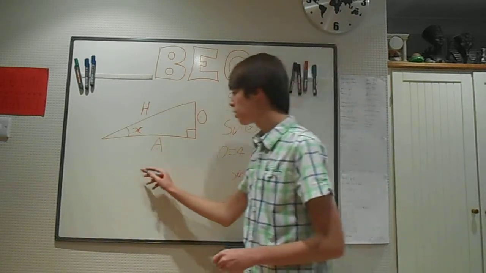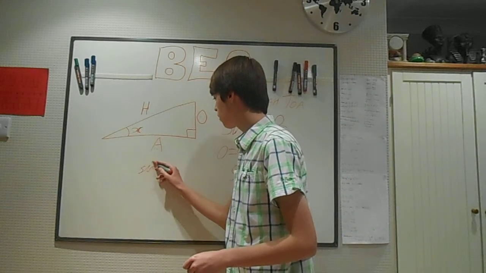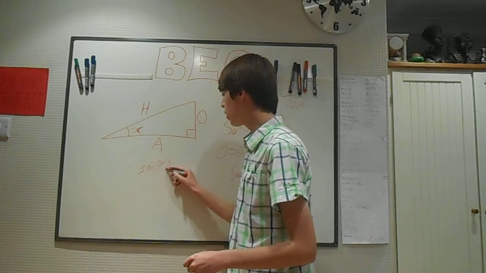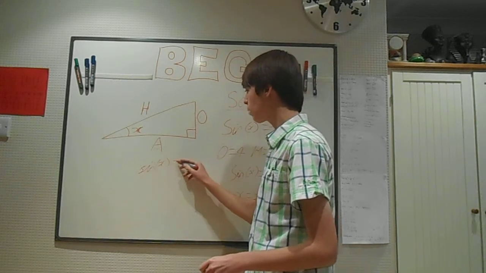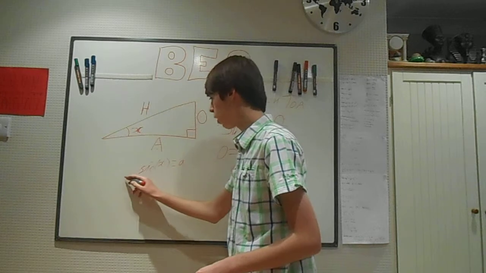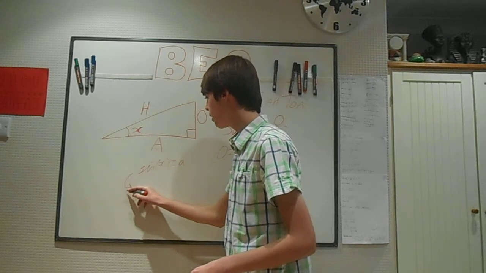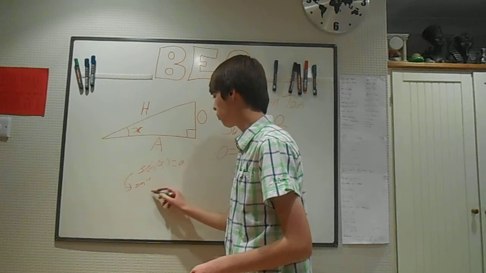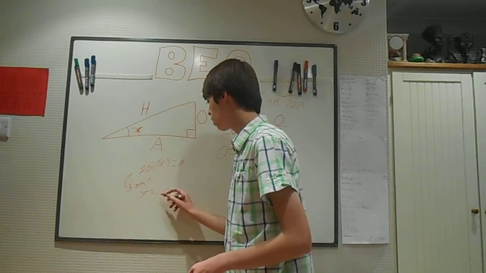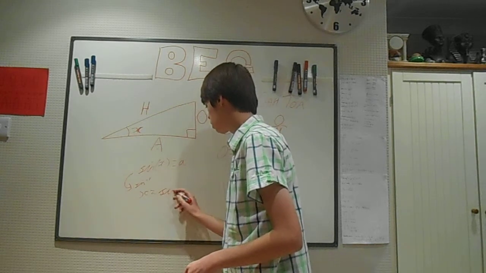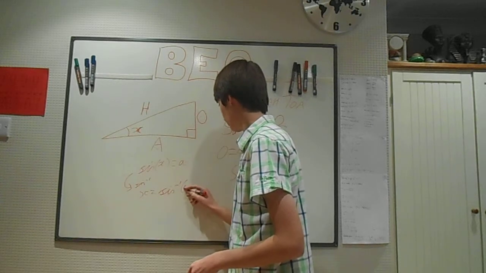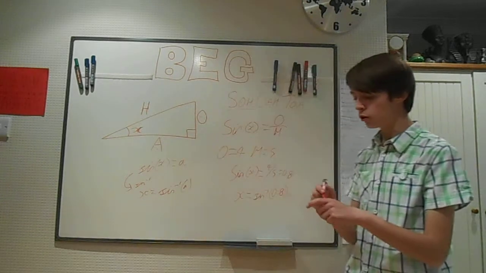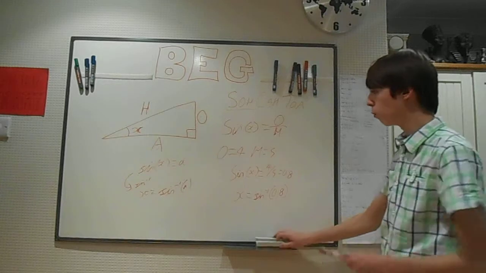Okay? Sine x, you can write it with or without the brackets, equals a. So if we do the inverse sine, then we get x equals inverse sine of a, and you can calculate that on your calculators here with 0.8.